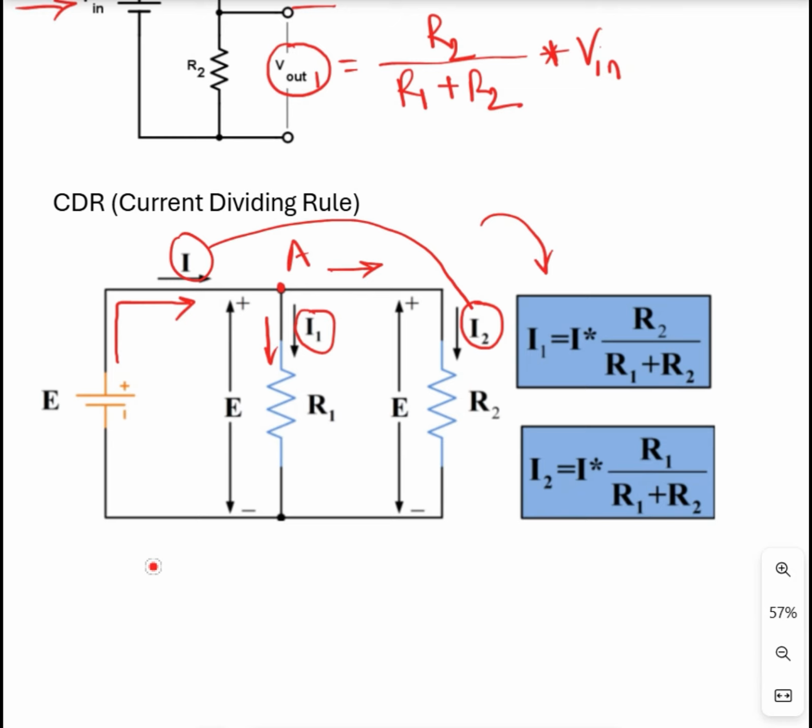It means not this resistor, we have to count the opposite resistor R2 over the total resistance, R1 and R2. Same as I2, which is equal to the total current times the resistor R1, the opposite resistor from I2, over R1 plus R2. So this is the very basic equation for CDR.